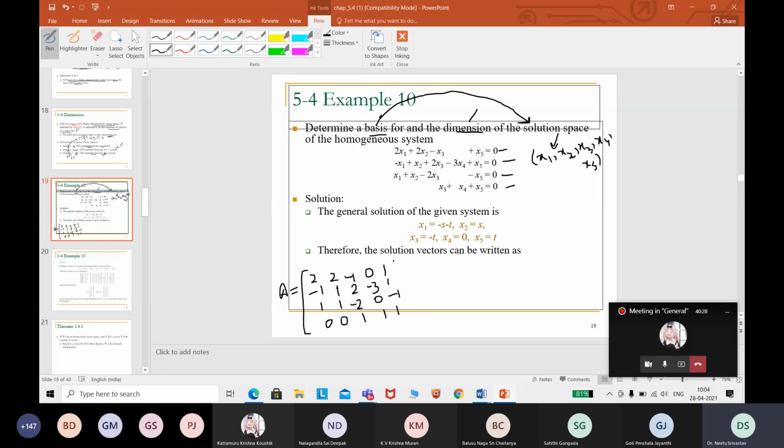Now I have to eliminate all the other elements of the first column except the 1. First I will implement an interchange of rows. You can interchange this row and this row.